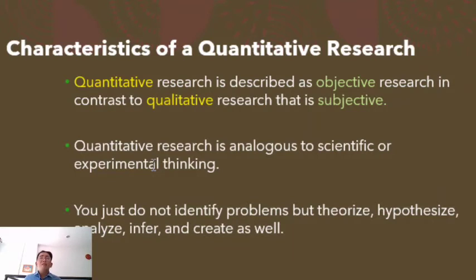So quantitative research is scientific and experimental. There is a step to be taken in order for you to arrive at a certain definite and exact result later on at the end of your research.